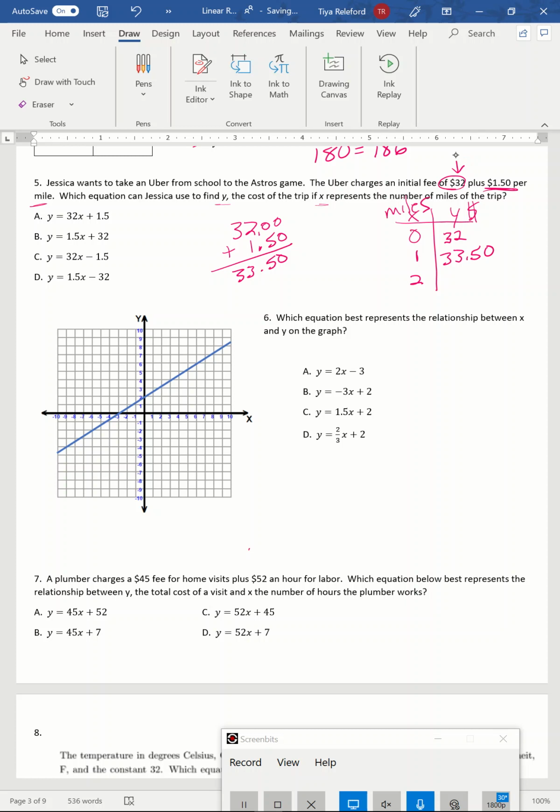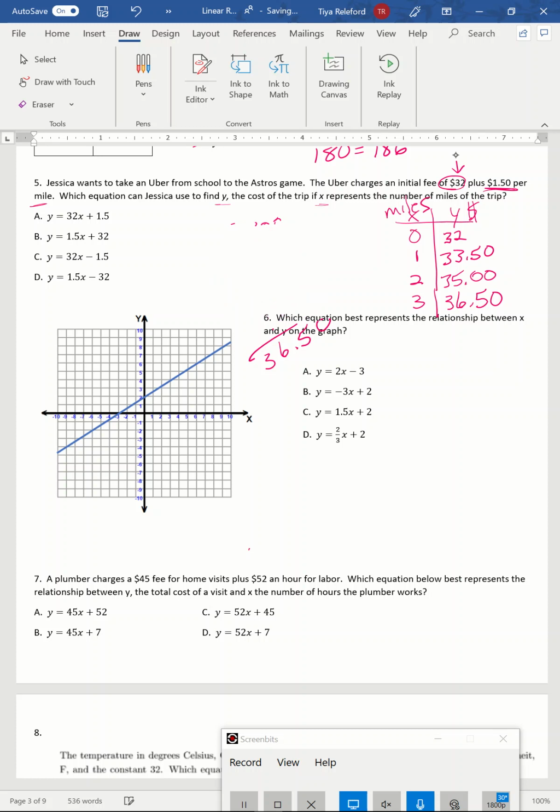Well, you're going to add on another $1.50, aren't you? What happens if she goes 3 miles? They're going to charge her another $1.50. So if you do that, now you have a table.